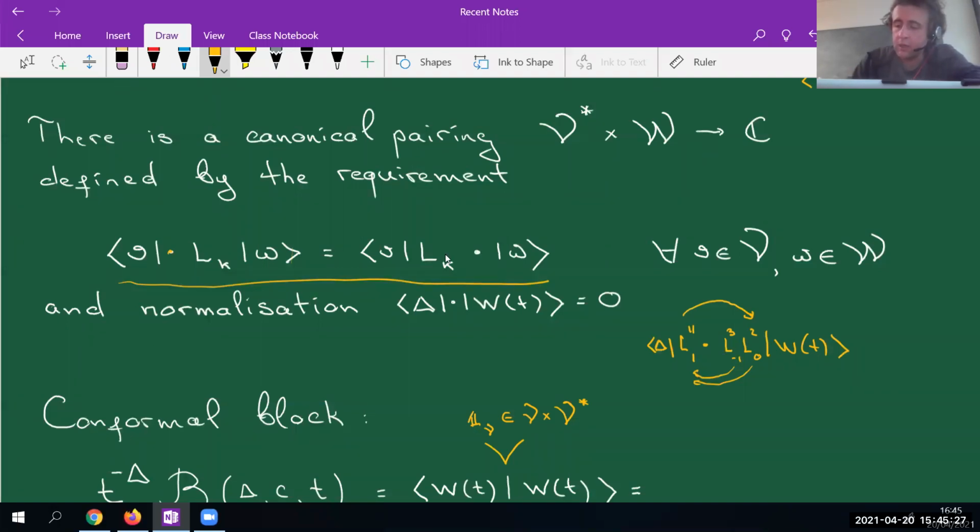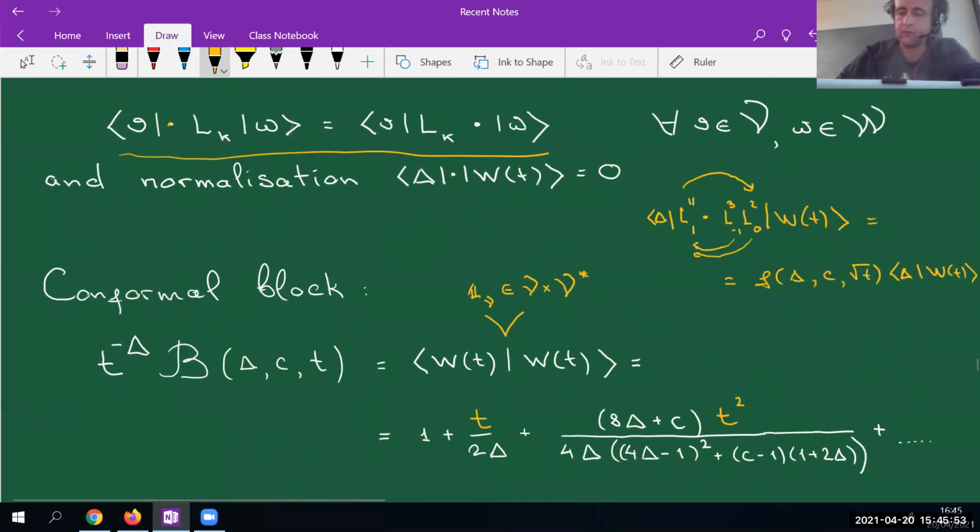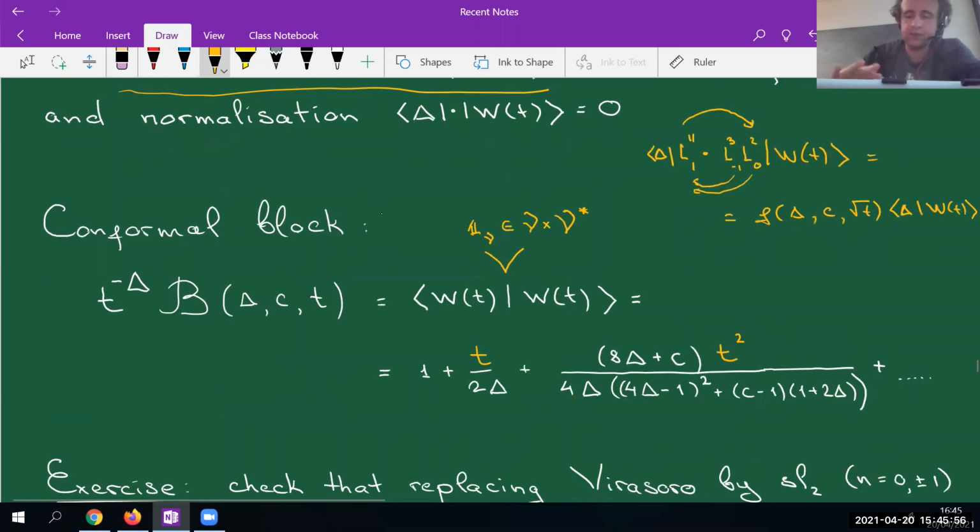So after all, what you are going to get is that this expression is given by some polynomial function of delta and the central charge and the square root of t times a pairing like this one. But again, this is a very elementary computation for each of the matrix elements you would want to compute.